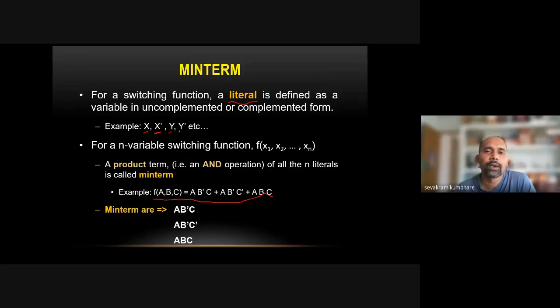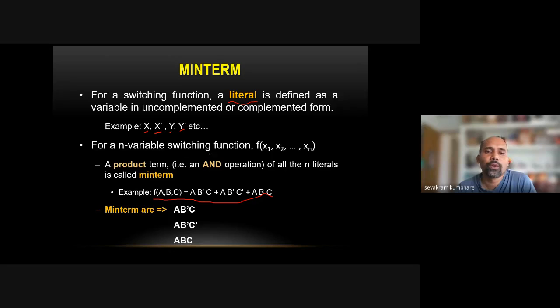Y and y bar, and so on. Like this we can have different ones. Here also you can see literals a, b bar, c, a, b bar, c bar, a, b, c. All these are literals. So for a switching function, a literal is defined as a variable in uncomplemented or complemented form.